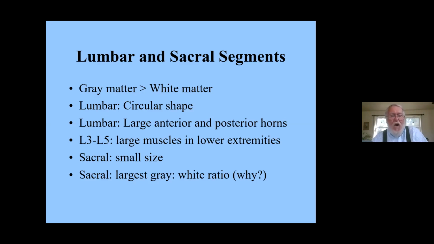L3 to L5 really control all of the large muscles in the lower extremities. The sacral is a small size and has the largest gray to white ratio. I keep asking why, so you can remind yourself: because a lot of that afferent and efferent action between the spinal cord and the brain has already occurred.